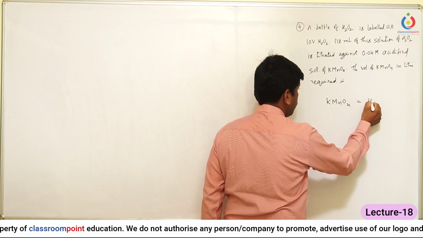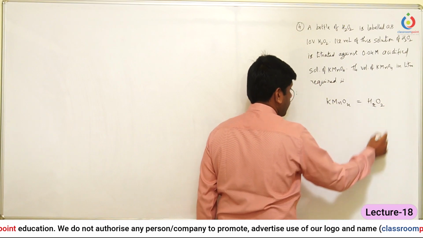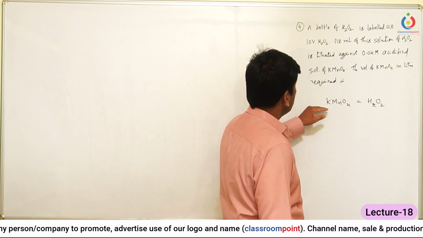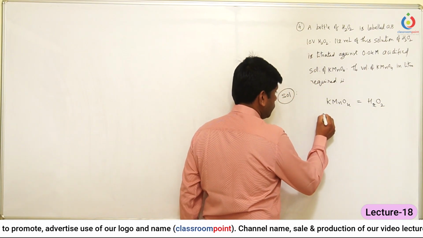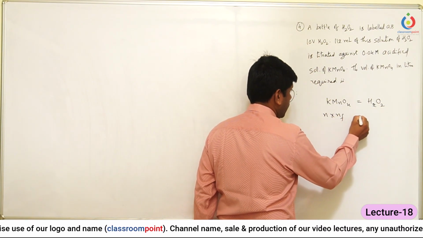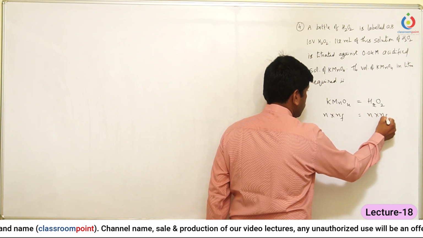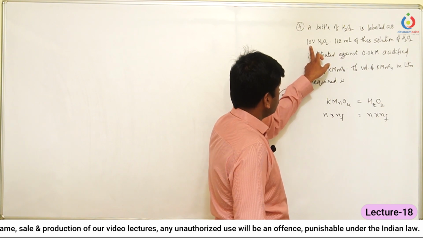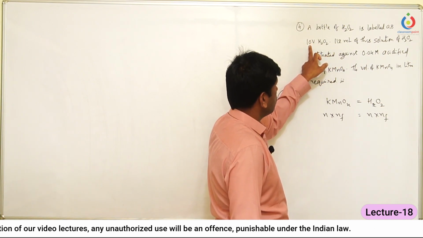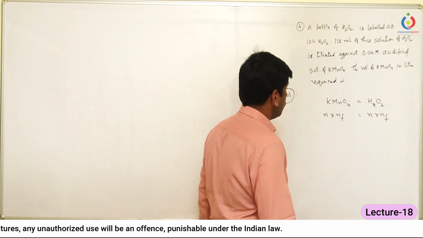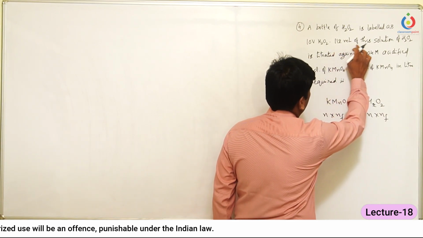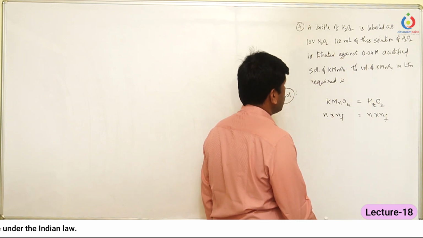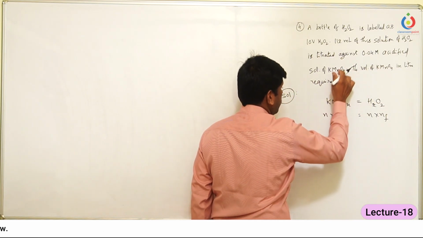The number of gram equivalents of KMnO4 equals the number of gram equivalents of the hydrogen peroxide. So n into n factor of KMnO4 equals n into n factor of hydrogen peroxide. Volume strength is given, that is 10 V. They say 112 ml of the solution is used, and they are asking the volume of KMnO4, and the molarity of KMnO4 is also given.